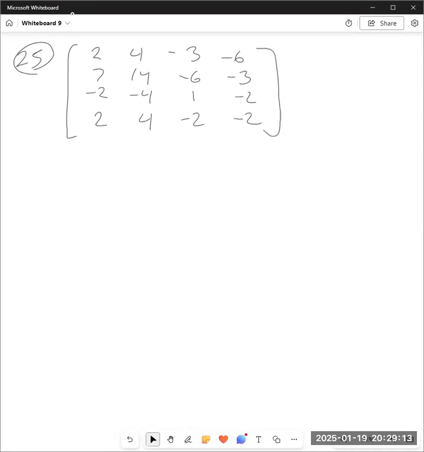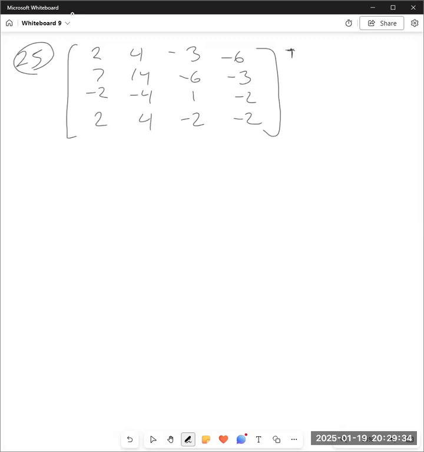So if I take the transpose of this matrix and make my columns my rows and my rows my columns, then I can find the row space of the transpose, and that should be the column space of my original.